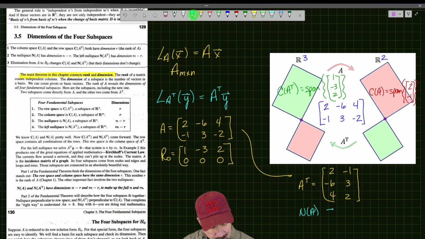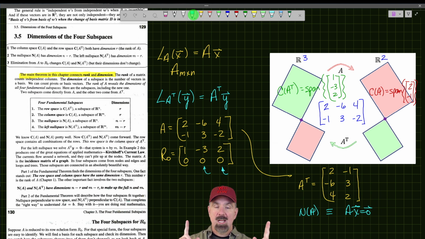The null space of A comes from solving Ax equals 0. But the solution comes from doing RREF of A, and then we identify the free variables. So in this case, we have free variables in the second and third locations.